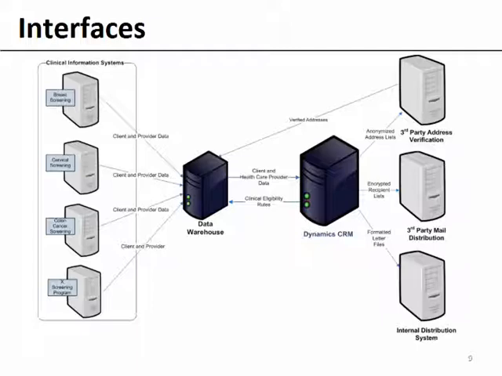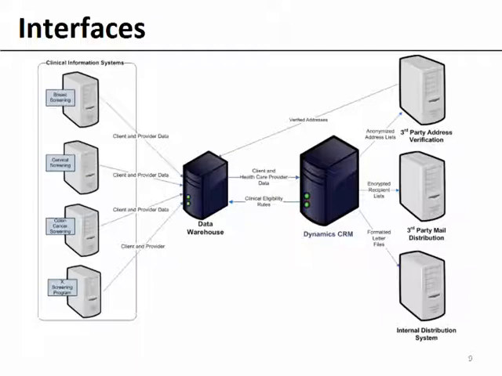And then I see you have the one-way touch point going from CRM to the data warehouse with the clinical eligibility rules. There's no pushing of that clinical eligibility information from the data warehouse back to the clinical information systems, is there? No, the warehouse has the data from the clinical information systems that they require to make the decision. It's a one-way pull. And there's a flag set on the record in the warehouse of whether the person's eligible or not.